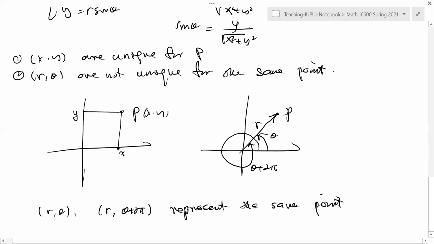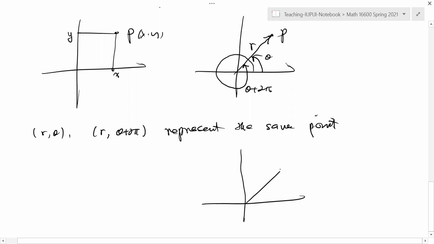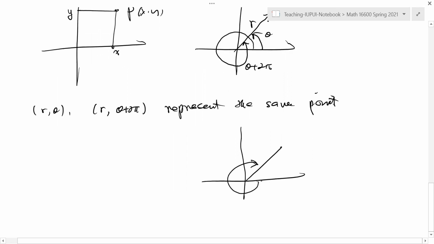Okay, and you can also get a negative theta. So this is the angle, right? I can rotate this clockwise, and this angle would be negative. So this angle is going to be called beta.